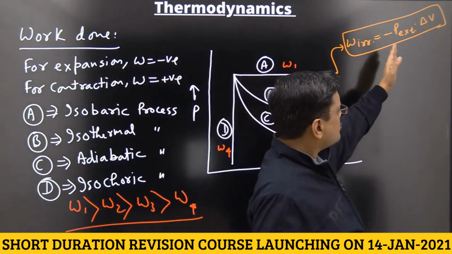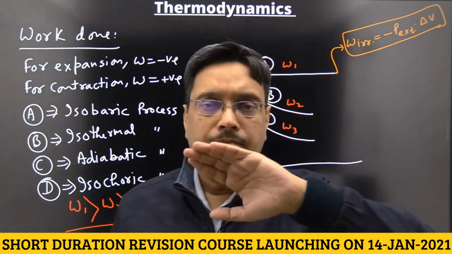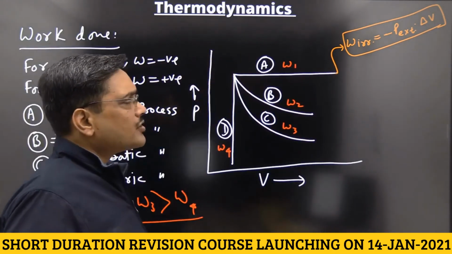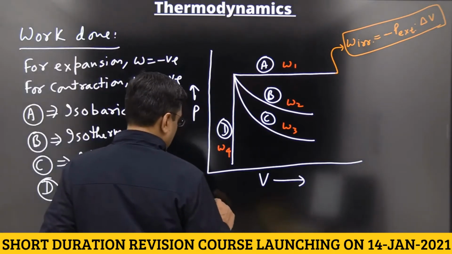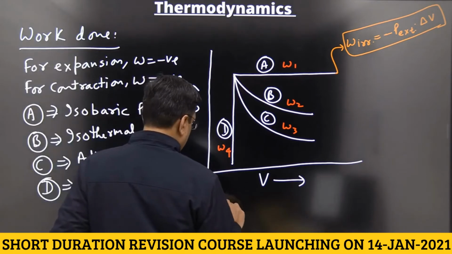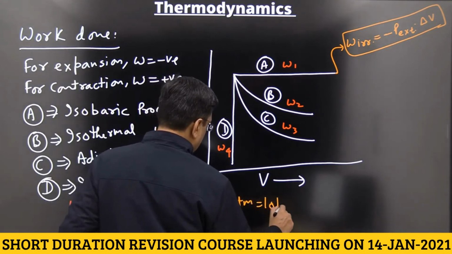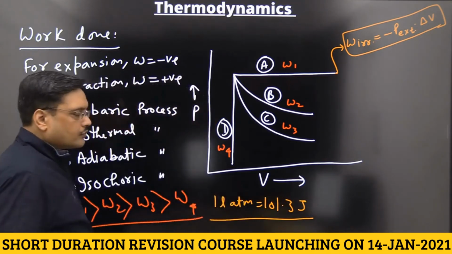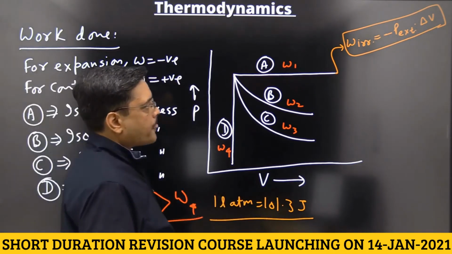When we use P external and delta V, pressure is in atmosphere and delta V is in liter. So we get the unit liter atmosphere, and it can be converted into joule also. 1 liter atmosphere is equal to 101.3 joule.